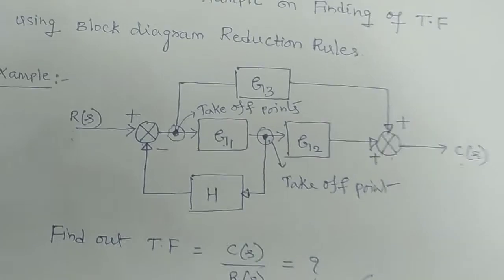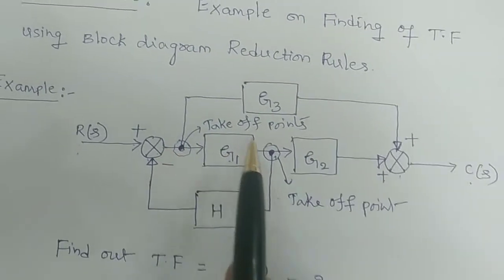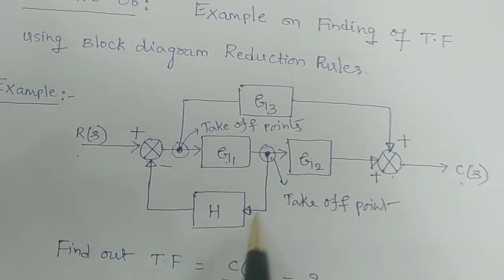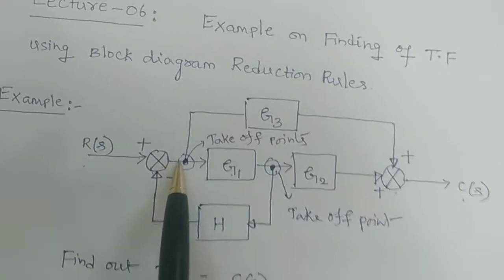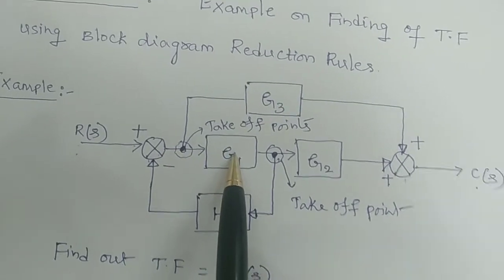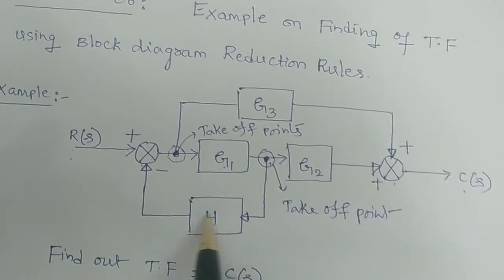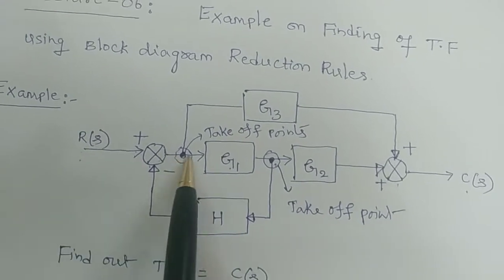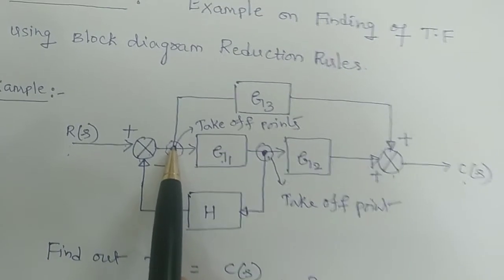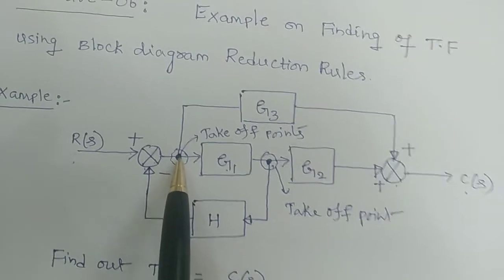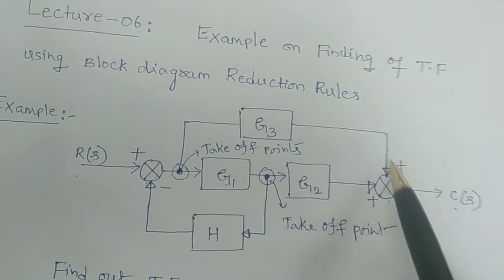Now if you see the problem, you have to simplify it in such a way that you have one closed loop. See carefully, this is the input signal and this is the gain of this path, and here one takeoff point is there. Assume that you don't have this connection here, because through G3 it is going to this summer.